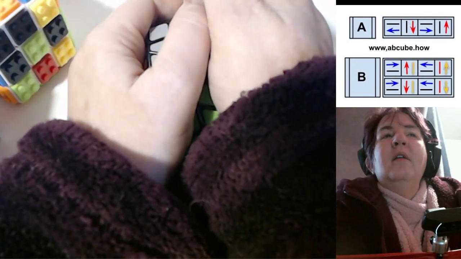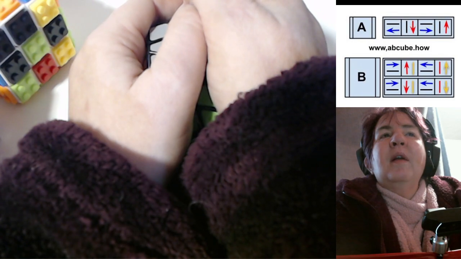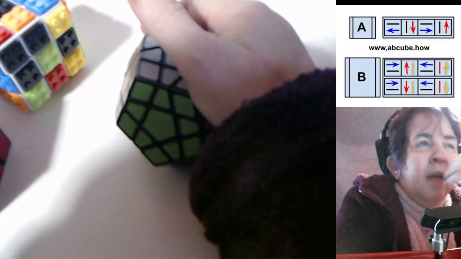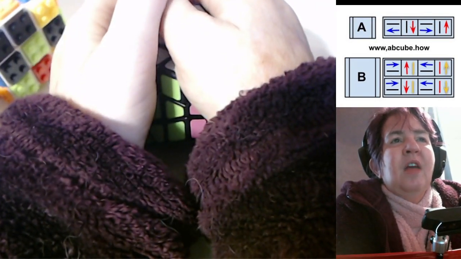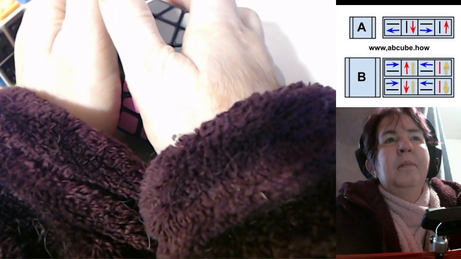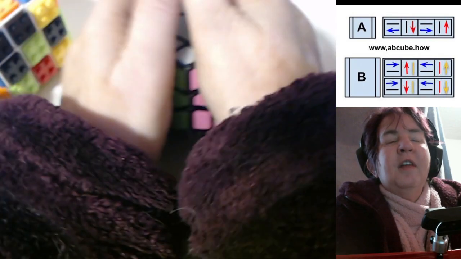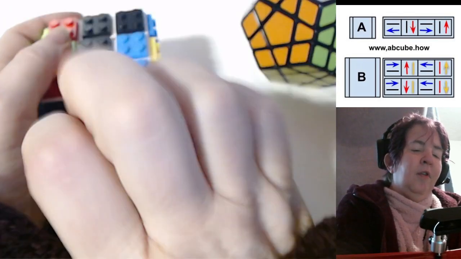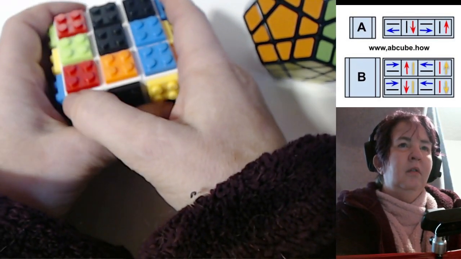Which one? The are you, or the front right up front? The front right up, no, that's not sledgehammer. Sledgehammer is the mirror of the sexy move, because it works with the right and front instead of the right and top.